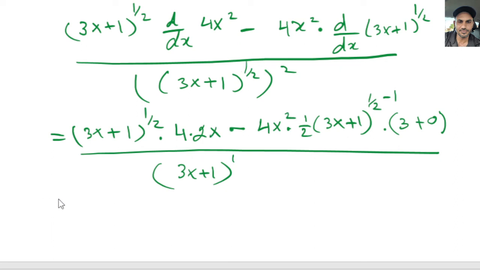Now we can go ahead and simplify it further. So we have 3x plus 1 to the 1/2 power. And then we have 4 times 2 is 8x.